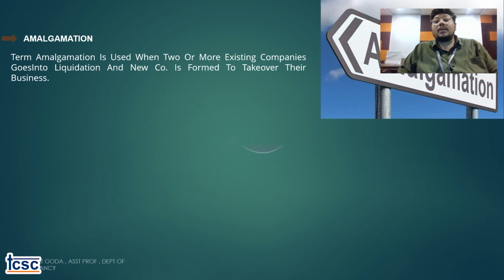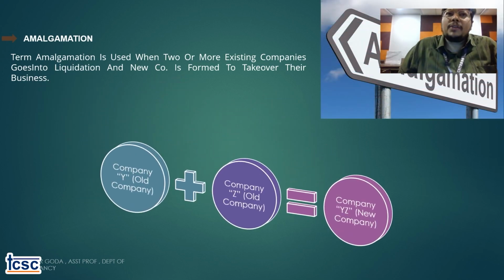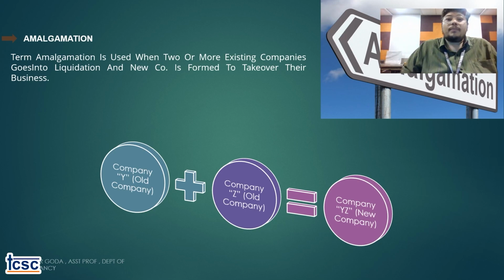So, actually, what is amalgamation? Amalgamation is nothing but a combination of two or more firms. We have already studied in SYBCOM amalgamation of partnership firm, wherein we had learned how two partnership firms come together and carry on their business over a period of time.